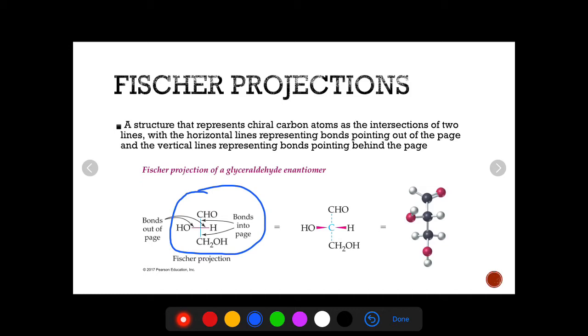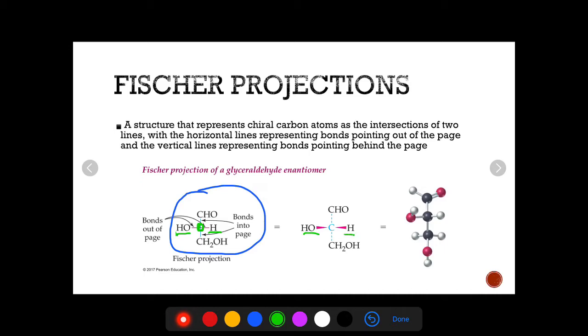And so anytime you have the groups projecting above the page, those are going to be on the left and the right of the chiral carbon. So the chiral carbon is right here in the middle. So to the left and to the right, they're going to be projected above the page.